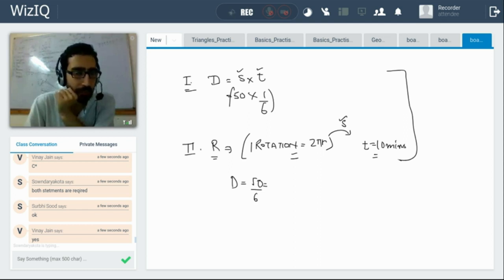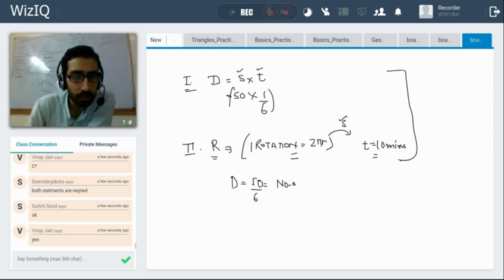You know that this total distance must be a certain number of rotations into 2 pi r. Now you have the distance, you have 2 pi r because you have r from statement 2, and therefore you can calculate the number of rotations.